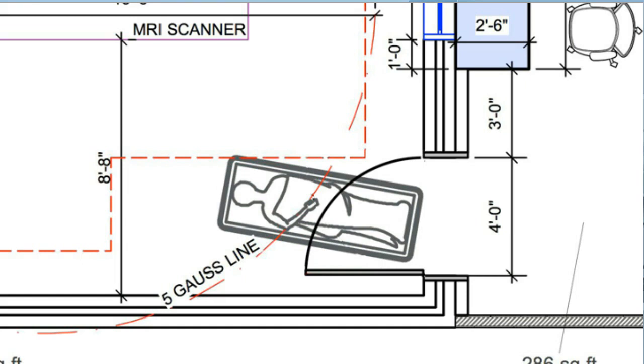So an extra 6 inches of wall thickness is really a win-win. We give up almost no square footage from a practical standpoint, and yet we improve the sensitivity and we reduce the spurious alarms for the ferromagnetic detection system. So again, please make this a standard part of your design approach for MRI room entries from this point going forward.